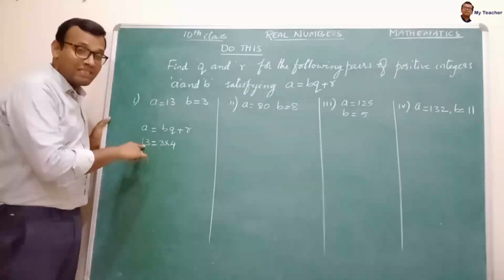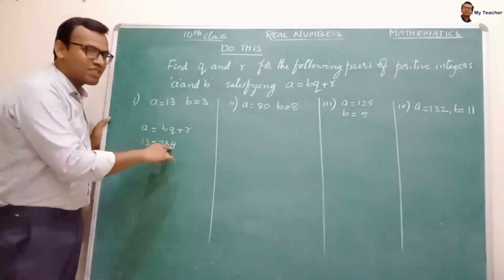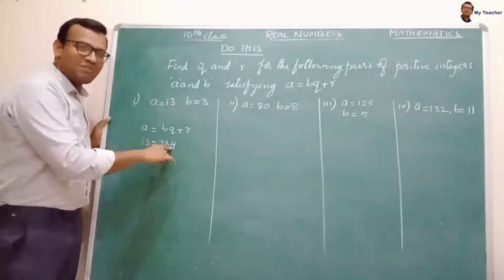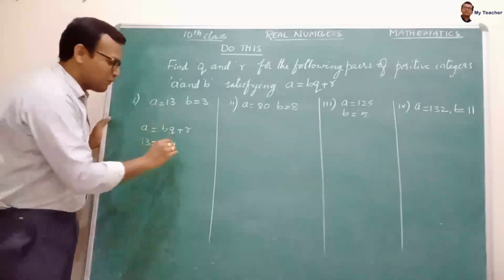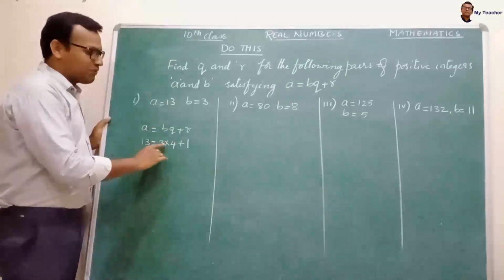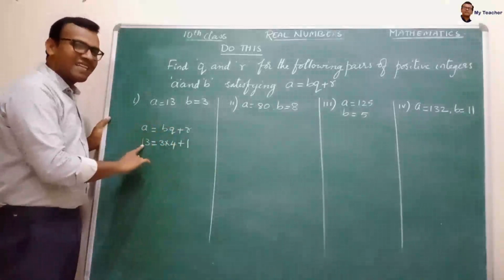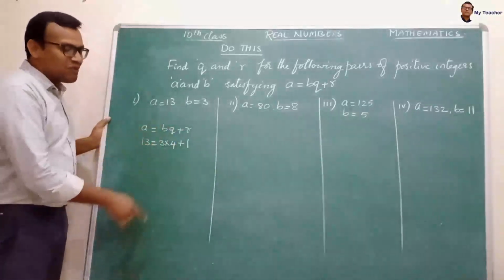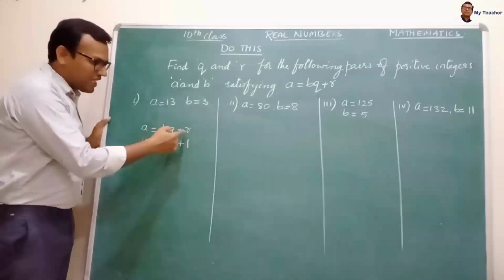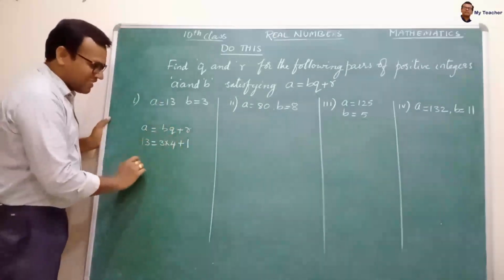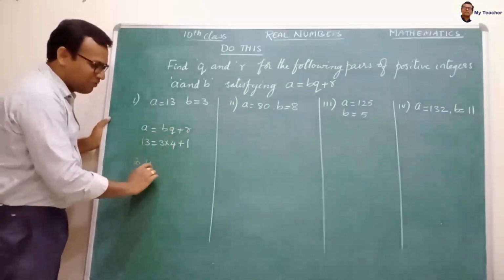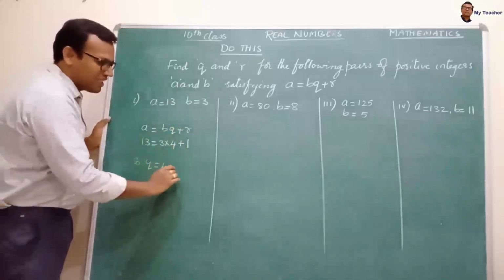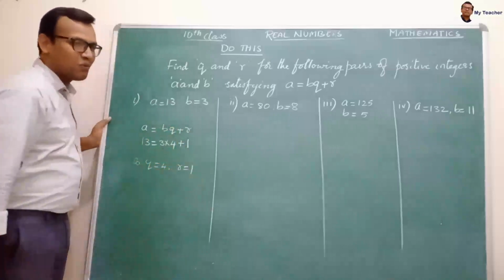But the number is 13. What will be the remainder? Yes, it is 1. So 3 4s are 12 plus 1 is 13. Now for A 13, B 3, we found 2 more integers Q and R as 4 and 1. So Q is equal to 4 and R is equal to 1.